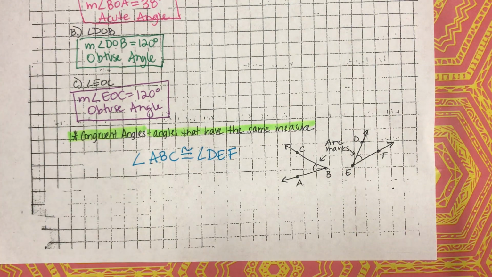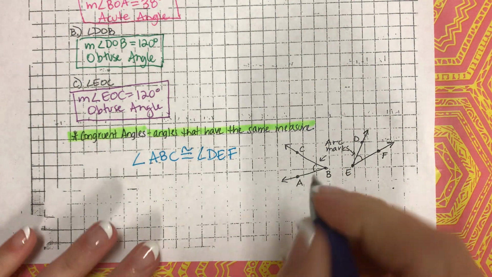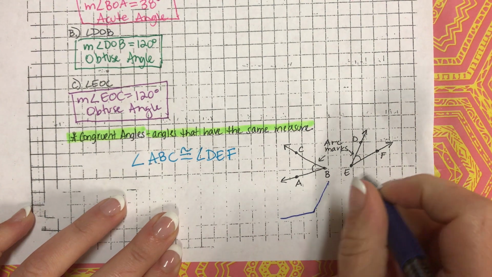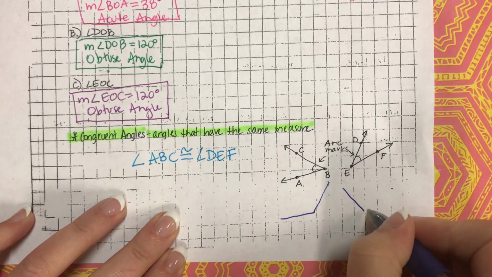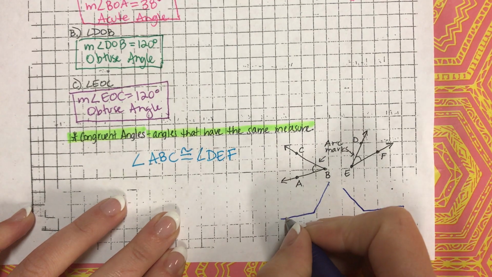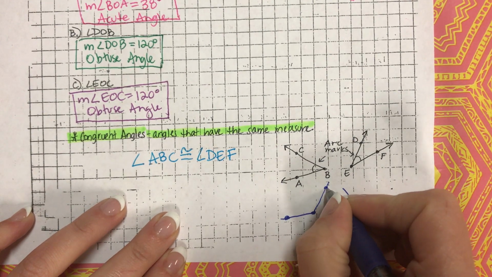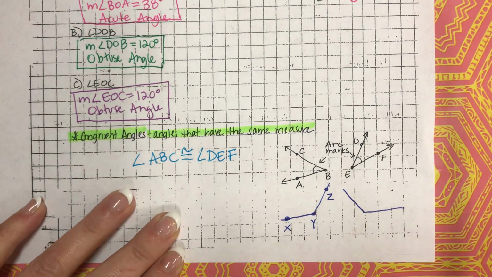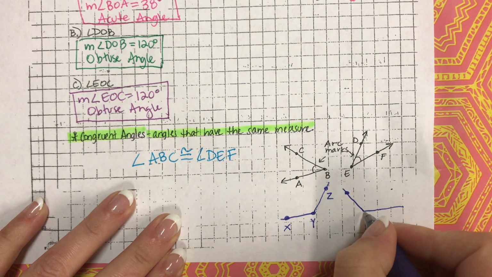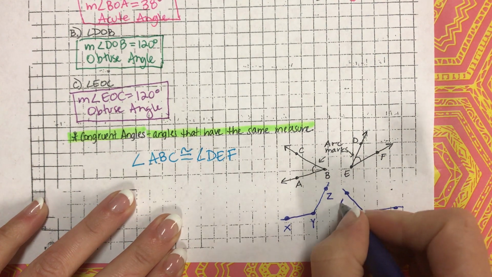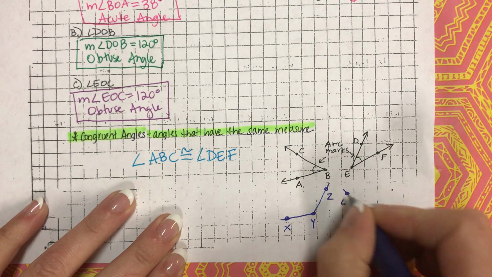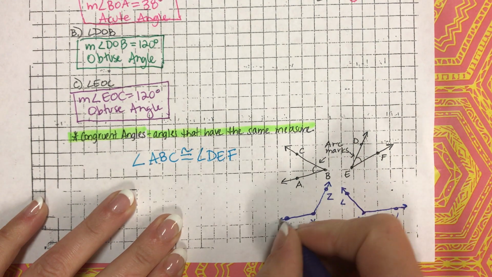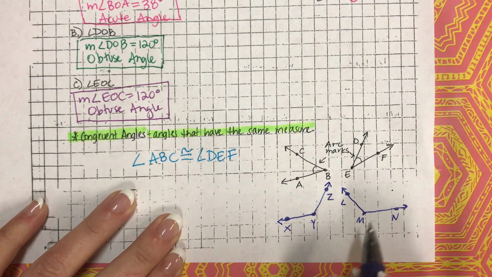Now, if we drew another set of angles, let's say I had something like this, and then something else, like maybe like this, and I called this one X, Y, Z, and this one L, M, N. And I wanted to say that these two are the same.